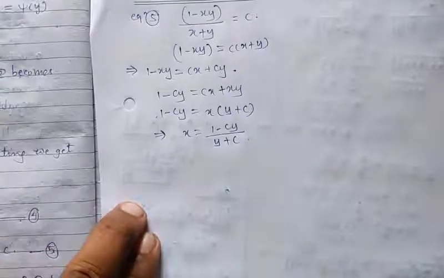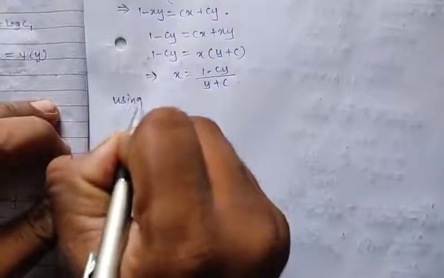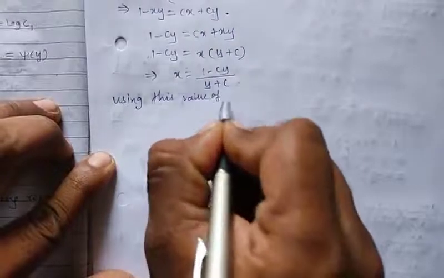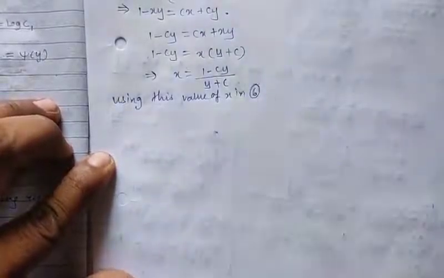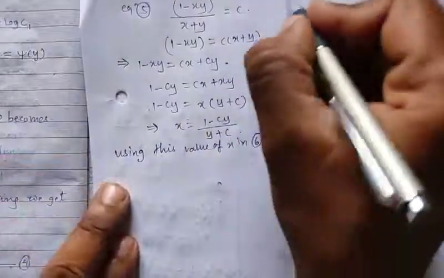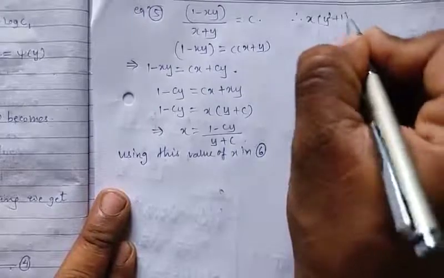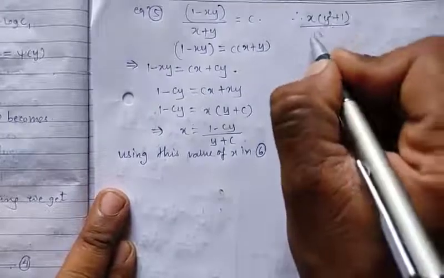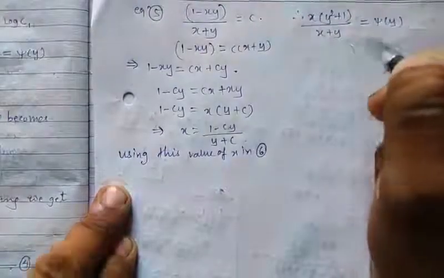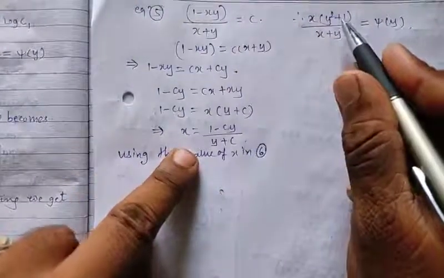Using this value of x in equation 6. So what is equation 6? x(y² + 1)/(x + y) is equal to psi of y. If we substitute this value of x in this equation, it will eliminate the variable x.